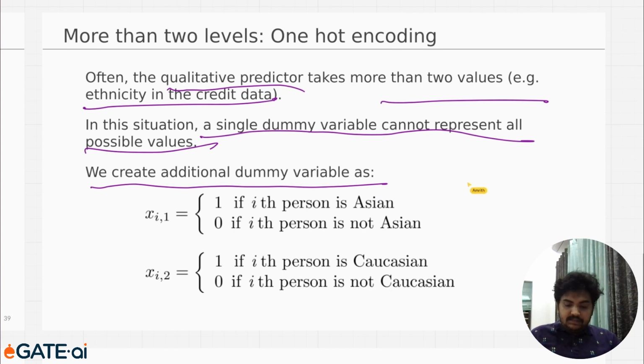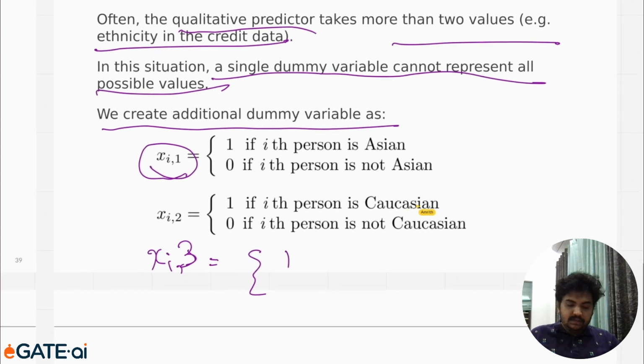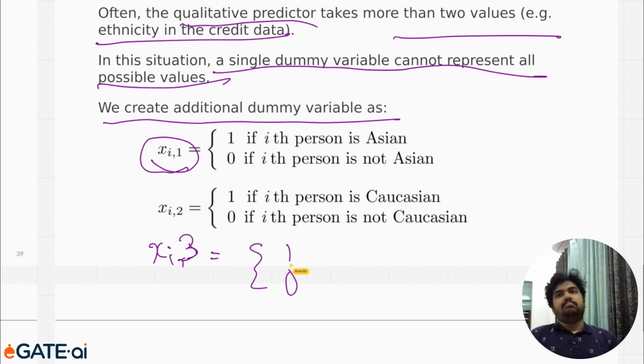So in this case, we can say xi1 is indicative of whether someone is Asian or not. xi2 is indicative of whether someone is Caucasian or not. And we may say that xi3 is indicative of whether someone is European or not, or Native American or not.